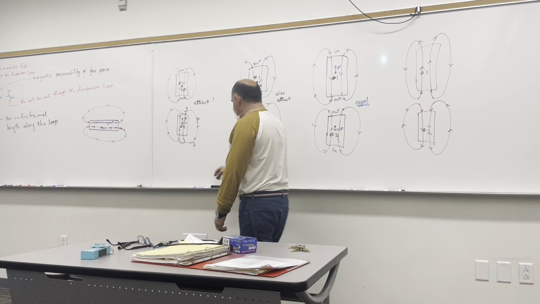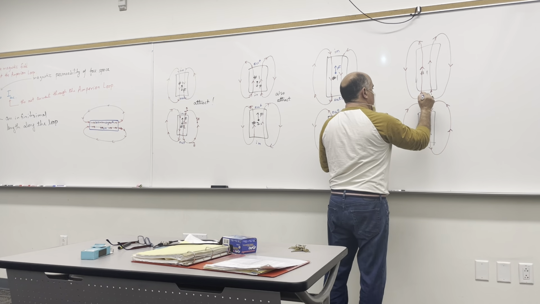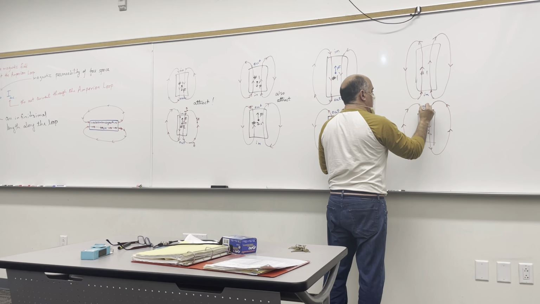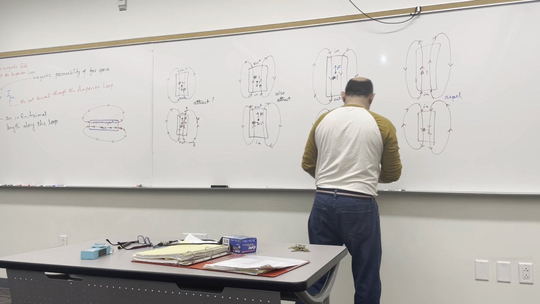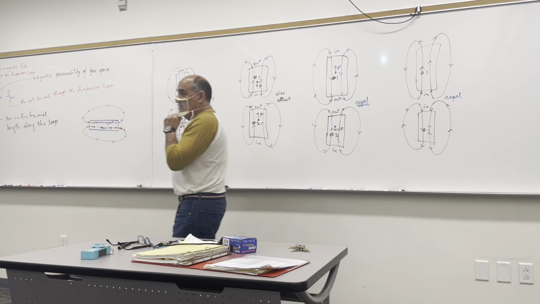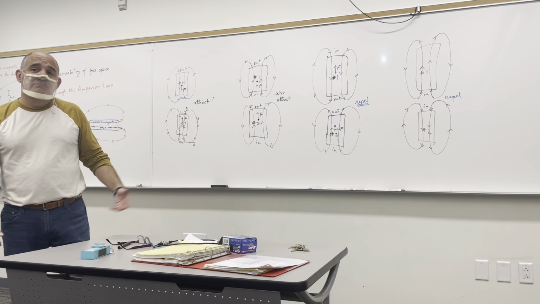So what do we have now? The magnetic field lines at this end go in, and over here they also go in. Well, they repel. So you could call the ends of a magnet in and out.